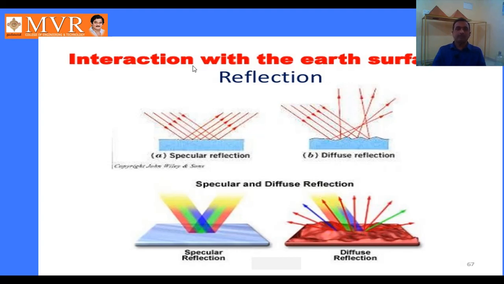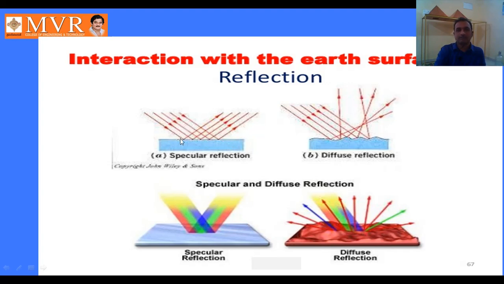See here, some reflections. This is specular reflection, a single bounce reflection. Single bounce reflection means that when the light ray is incident on a smooth surface, it gives a single reflection from the surface. This is a specular reflection.